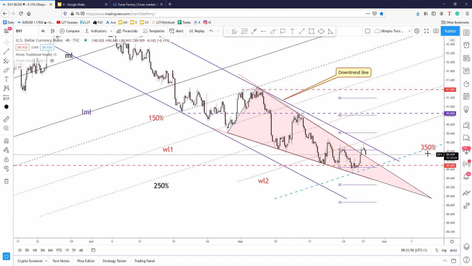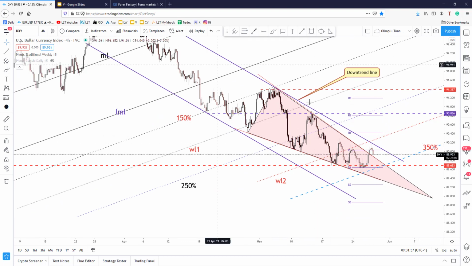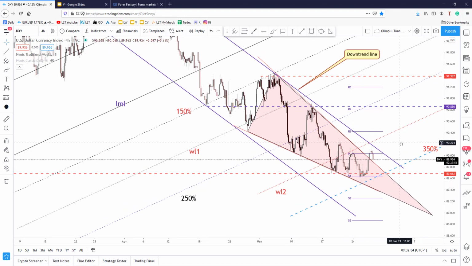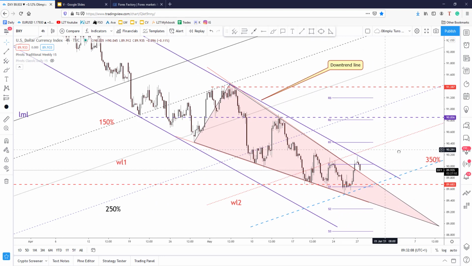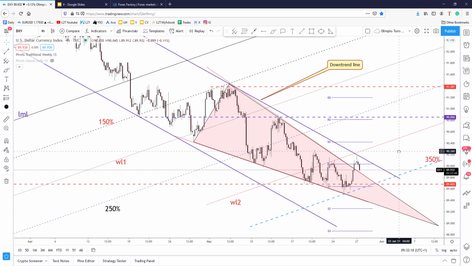Okay, so as long as the DXY stays below this downtrend line, within this down channel pattern, the bias is still bearish on the DXY, the US dollar maintains a bearish bias.